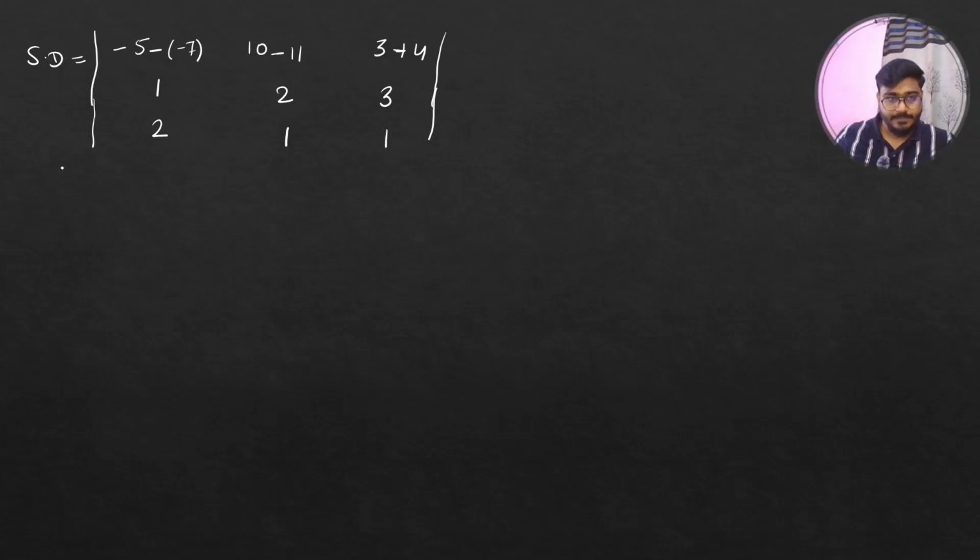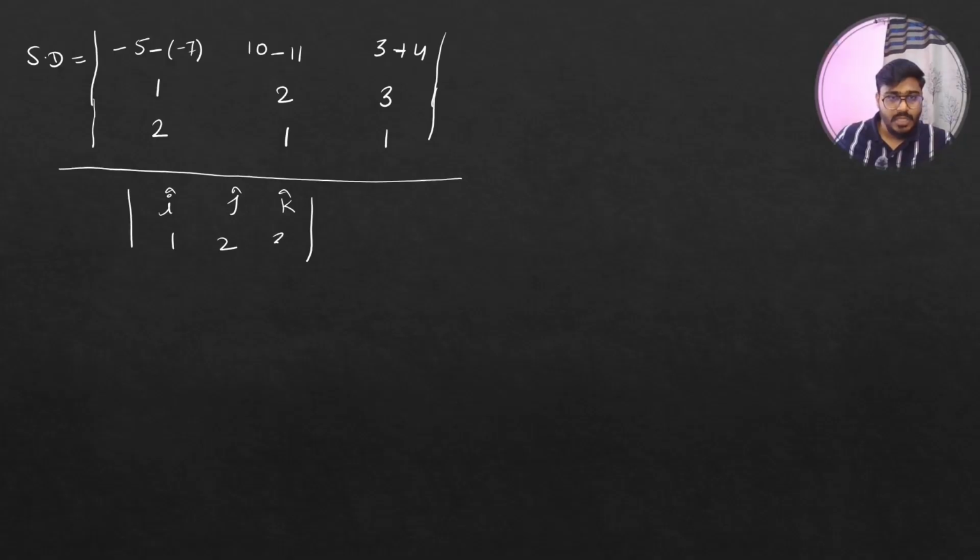Divided by i cap, j cap, k cap, and this is 1 2 3 and this is 2 1 1. When you solve this numerator, this determinant will be 28. When you simplify, you will get 28. What about the denominator?